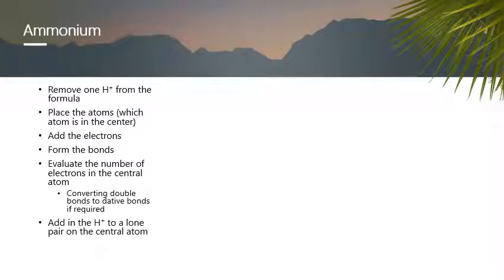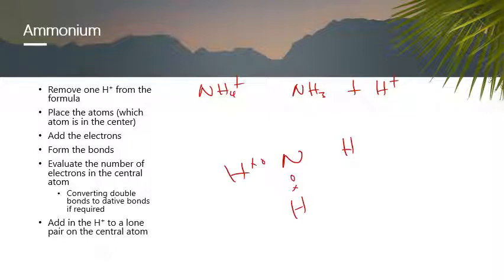For ammonium, this is NH4 plus. This is NH3 and H plus. So first let's draw NH3. N, H, H, H. One bond, one bond, one bond. Okay, so that's it. Now I'm going to add a H plus to this.